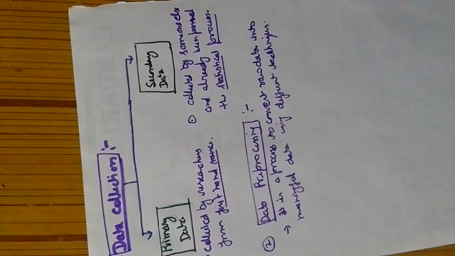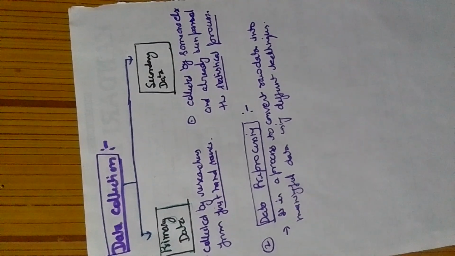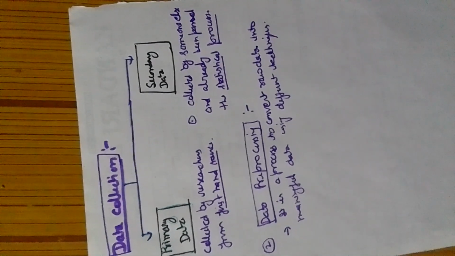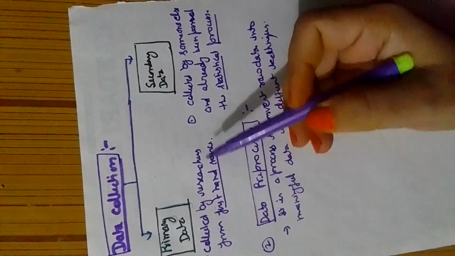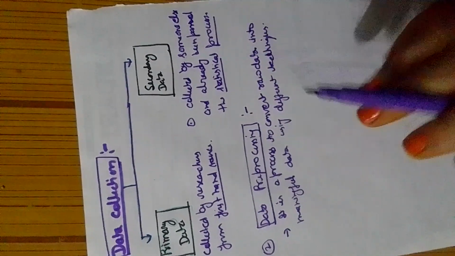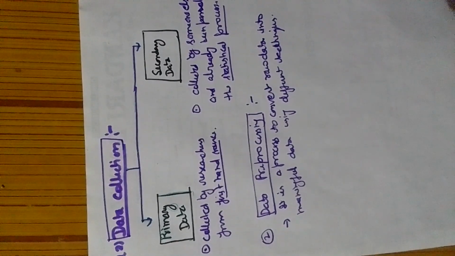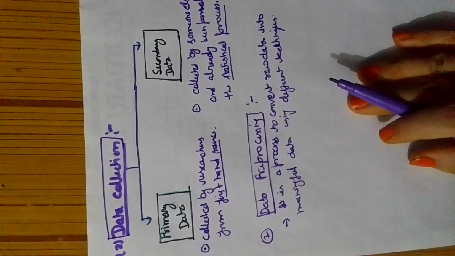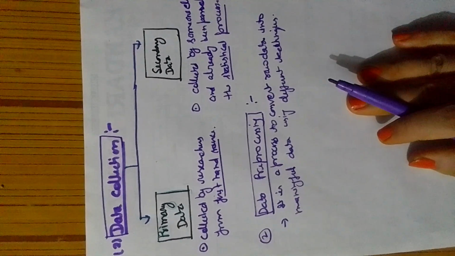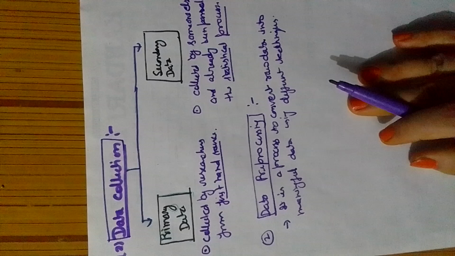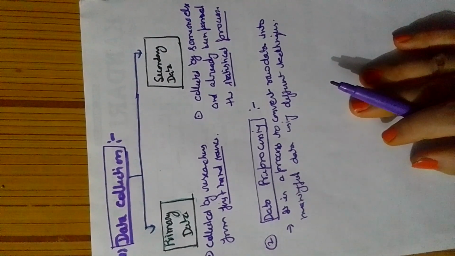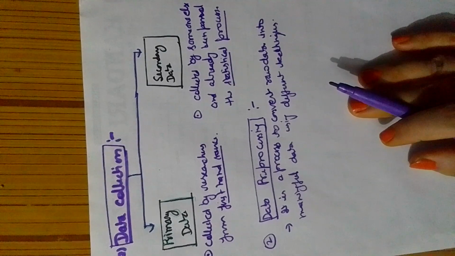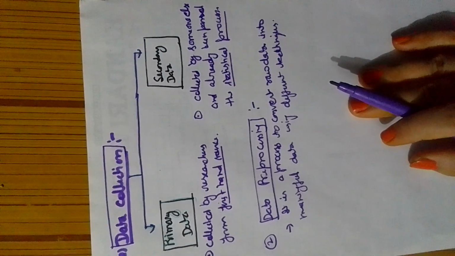Fine. So what I am trying to say here is, from primary data and secondary data, whatever data scientists collected, that data is raw. Real-world data is generally incomplete. Somewhere it is noisy, somewhere it is inconsistent, somewhere it is duplicate.